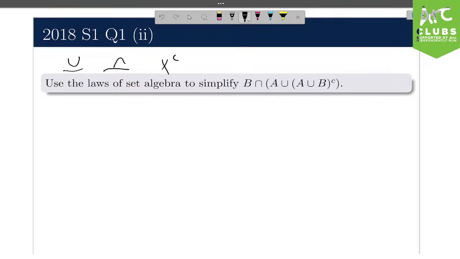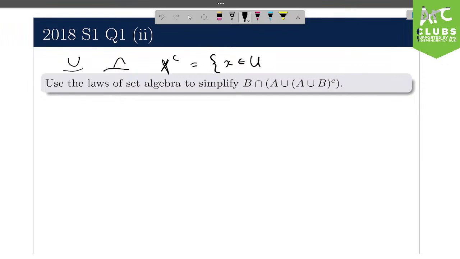And the complement of a set X, I've got X here, is all the elements that are in our universal set, right?